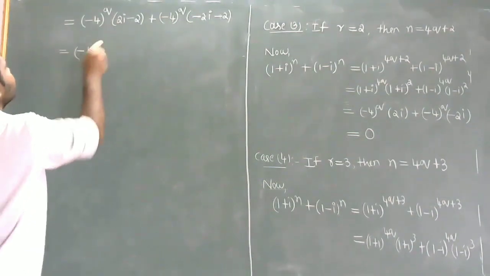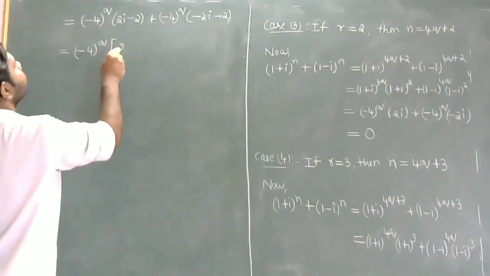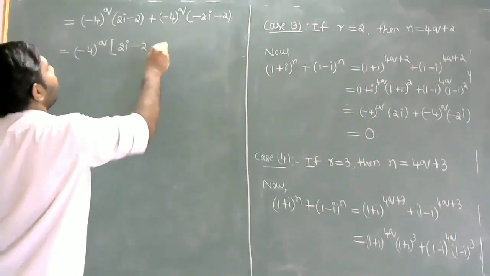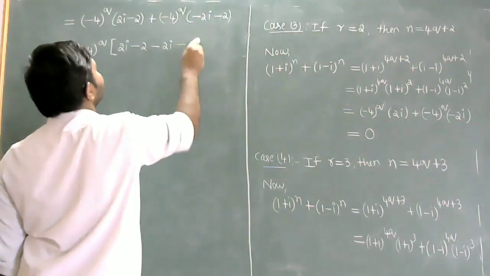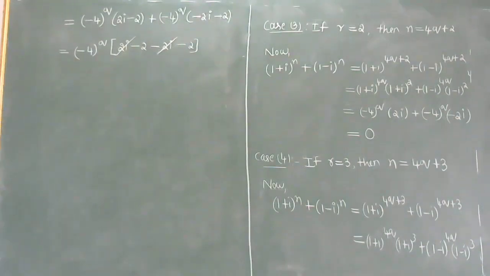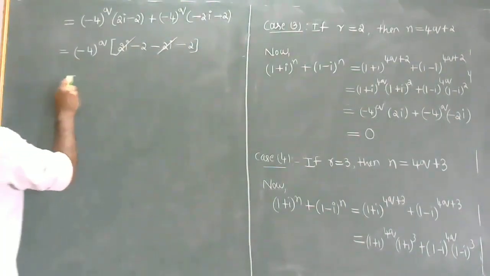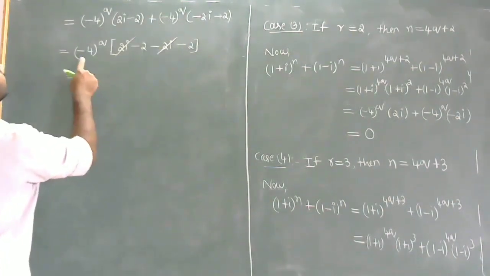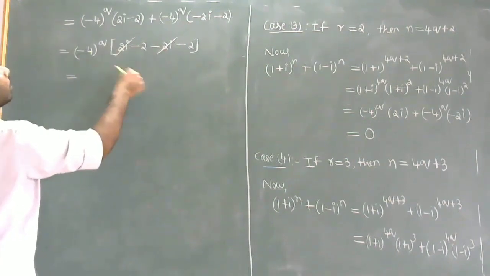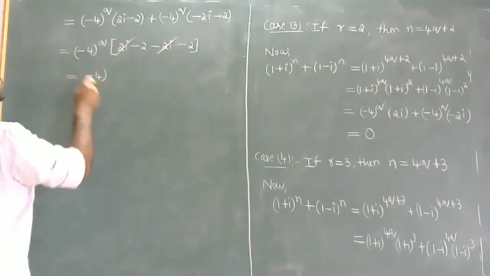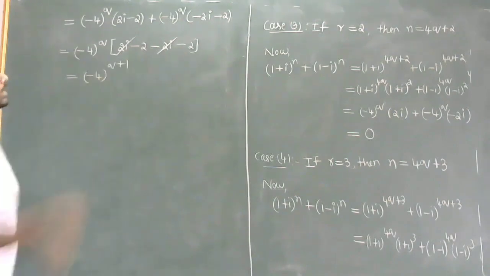So if you take (minus 4)^q common, 2i minus 2 minus 2i minus 2. 2i minus 2i gets cancelled, so we got minus 4. So (minus 4)^q into (minus 4)^1. So it will be (minus 4)^(q plus 1).